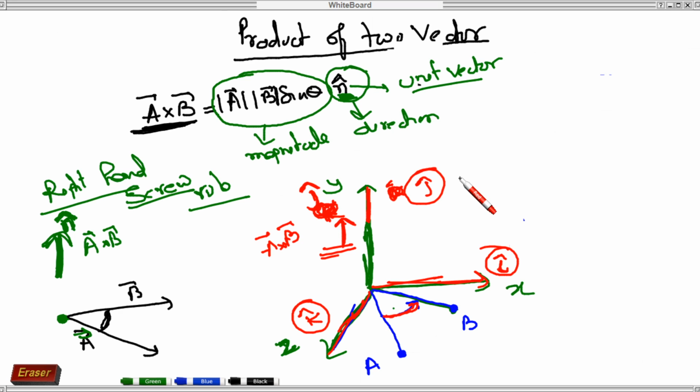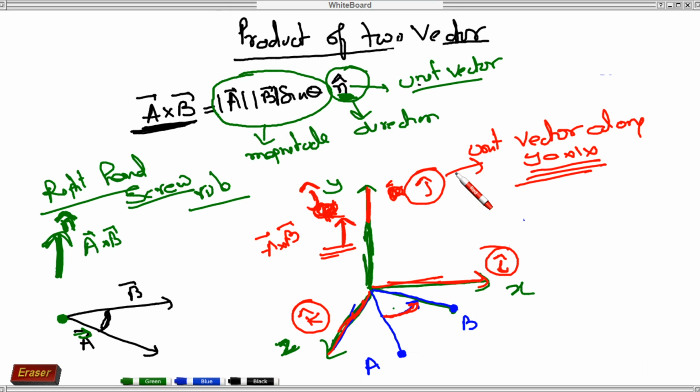So this is the unit vector along the y-axis. If you want to show some direction along the y-axis, then you have to show it like this. Similarly, this is the unit vector along the x-axis, and this is the unit vector along the z-axis.